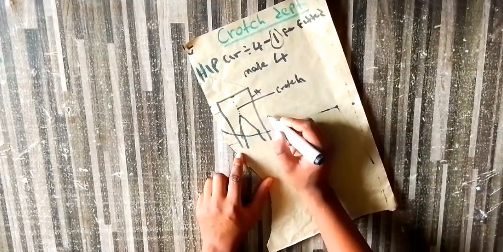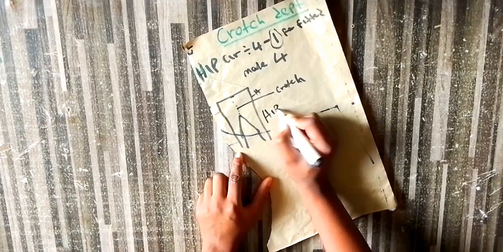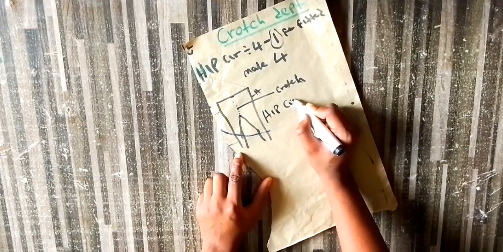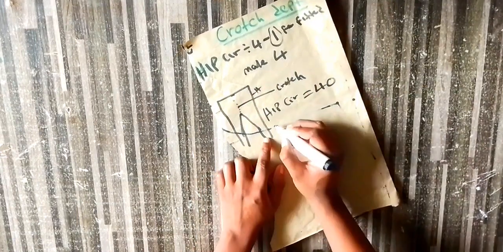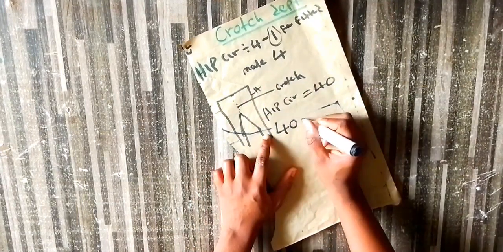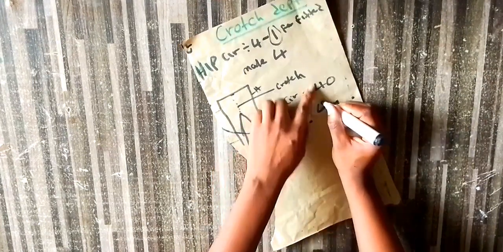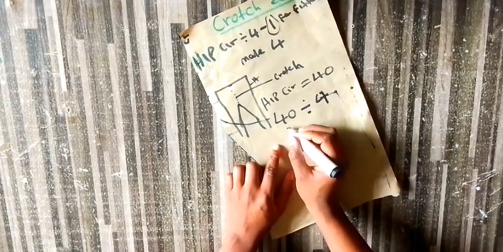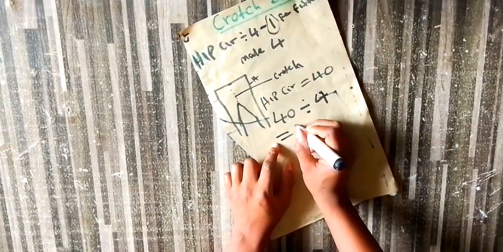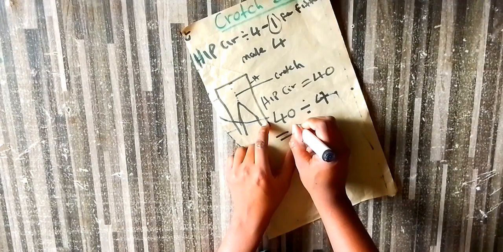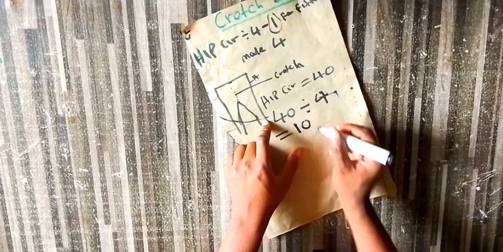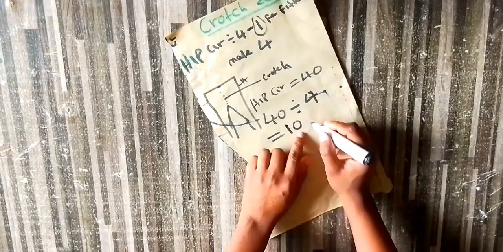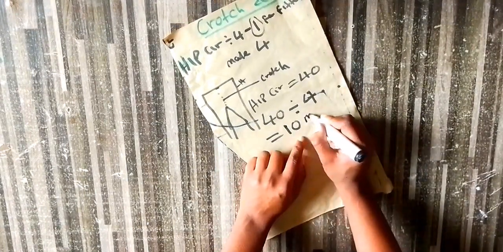In this case, let's say the hip circumference of this client is 40 inches. So 40 inches divided by 4 is 10 inches. If you are making for a male, you leave it at that 10 inches.